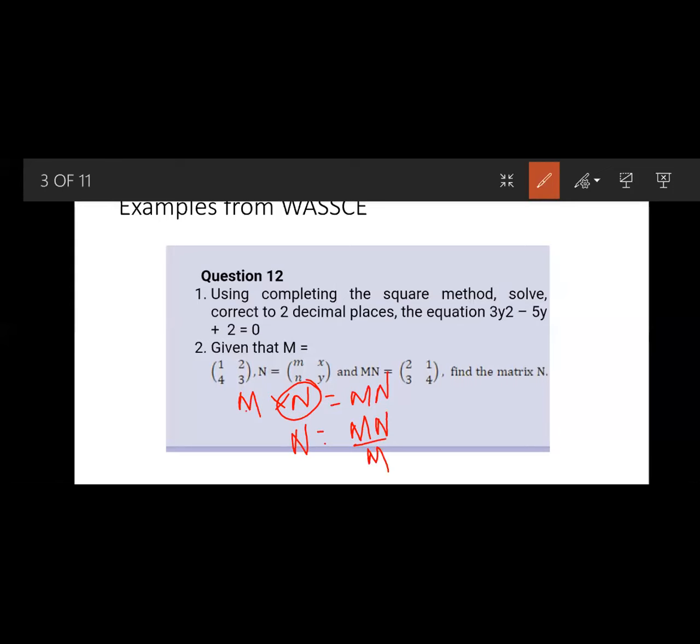In matrices, they taught you something about commutativity: M times N is not the same thing as N times M. They are not the same, because general matrices are not commutative.